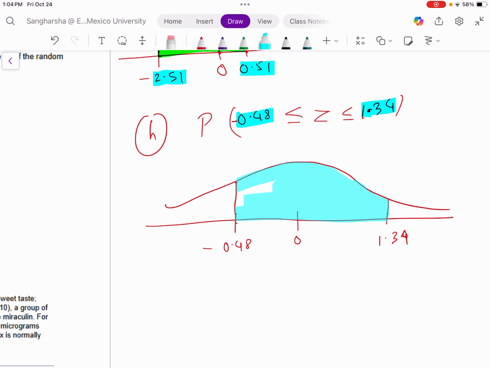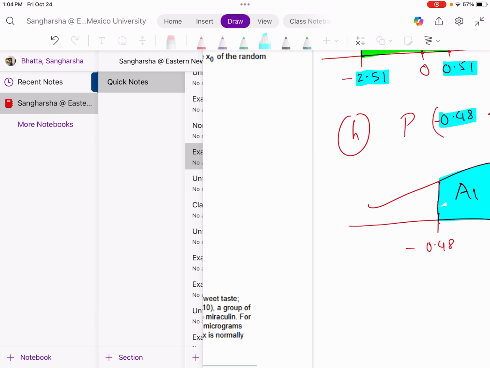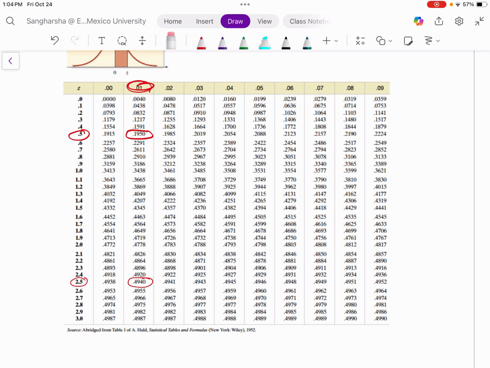Let me draw a vertical line at 0. Let's call this part A1, this part A2. Now we use the G table. For A2, we look for 1.34 in our normal table. 1.3 first and 0.04, so 0.4099.